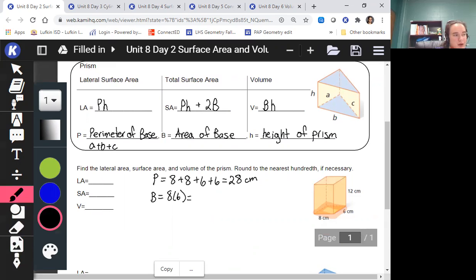And our height for our prism is 12. Now that we have those, we can plug them into our formulas. To find our lateral area, we take our perimeter times our height, so 28 times 12, and that equals 336 centimeters squared.